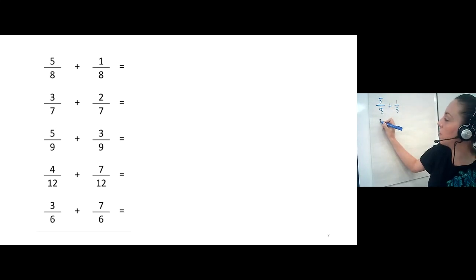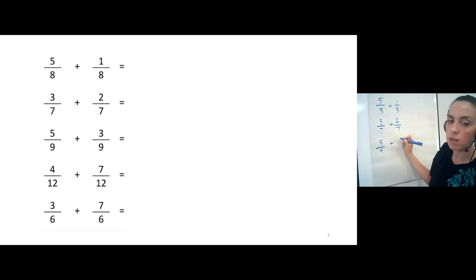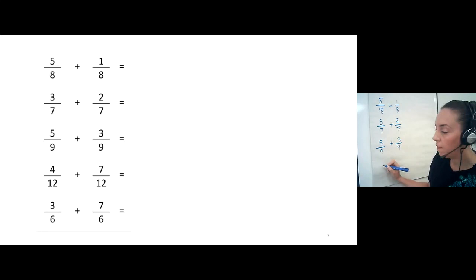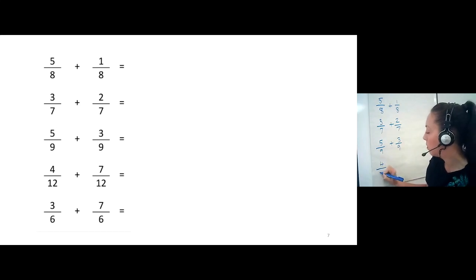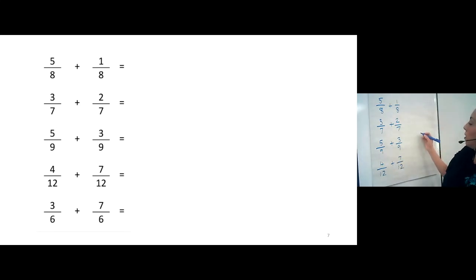We have 3 over 7 plus 2 over 7. We have 5 over 9 plus 3 over 9. We have 4 over 12 plus 7 over 12.